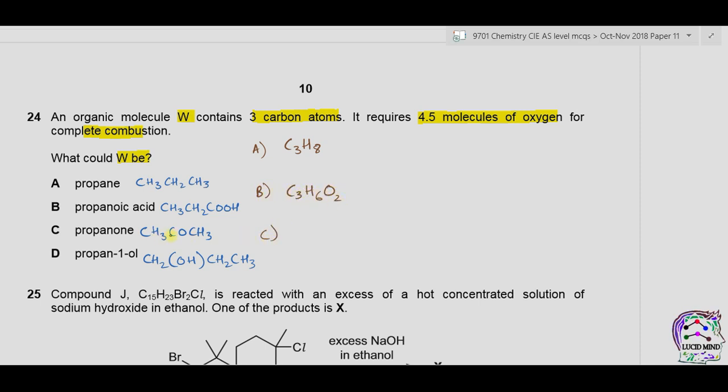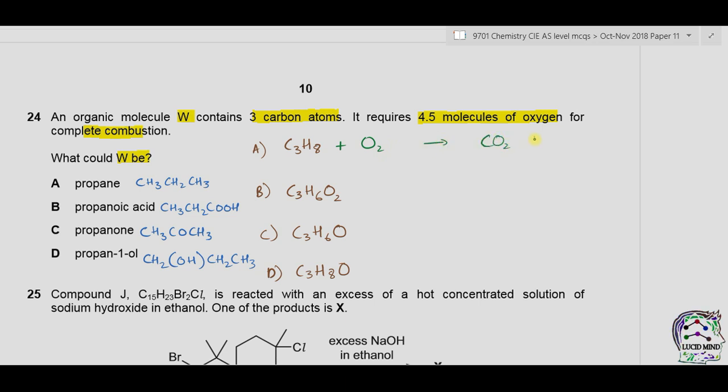In C we have propanone, so the molecular formula is C3H6O. In D we have propane 1-ol, so the formula is C3H8O. In the question we can see that W contains 3 carbon atoms, so each of our compounds contains 3 carbon atoms.